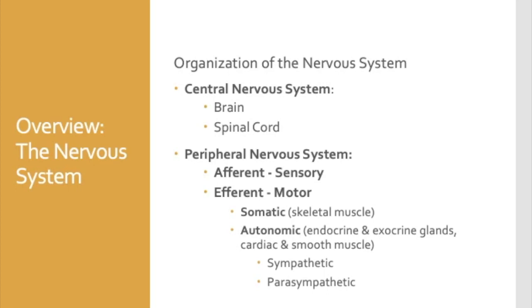Within the autonomic branch of the efferent or motor peripheral nervous system, we can also see two subdivisions, sympathetic and parasympathetic.